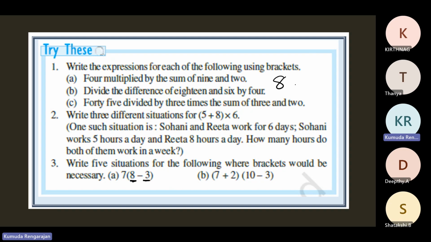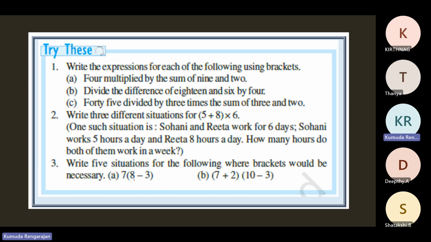But he takes permission from his boss and he leaves 3 hours early every day. Supposing he has to work from 10 to 6. 10 to 6 is 8 hours, right? So 10 to 6 every day. He'll always take 3 hours permission and he'll leave at 3 o'clock itself. 3 hours earlier he'll leave. So that's what it is.